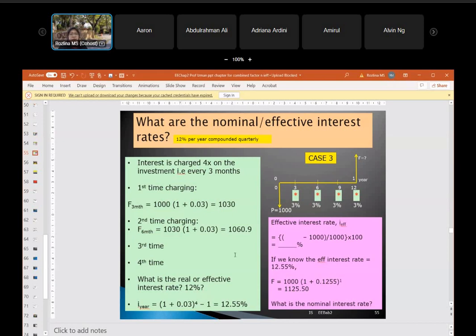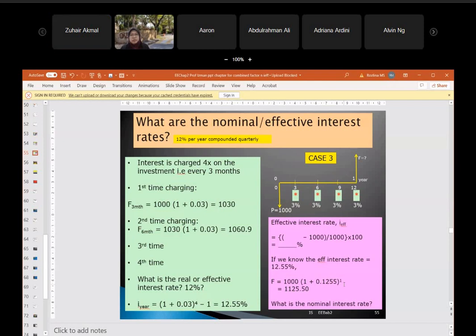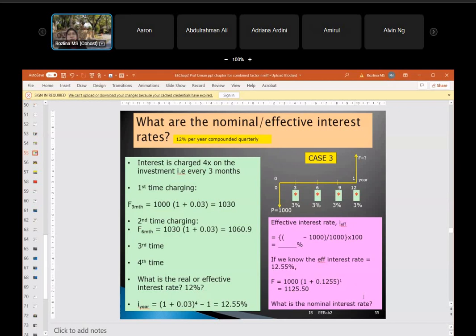So how many percent? Shall we answer 3%? Yes, it is 3%. This one for a year becomes 12.55%, but this one for a year is 12%. You see the nominal is 12% for a year, 12.55% for a year.